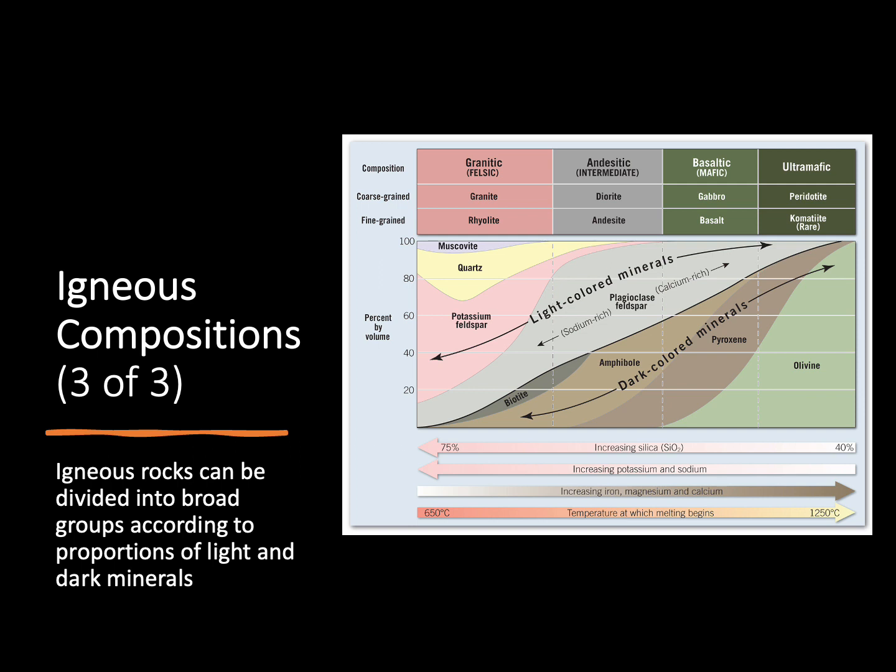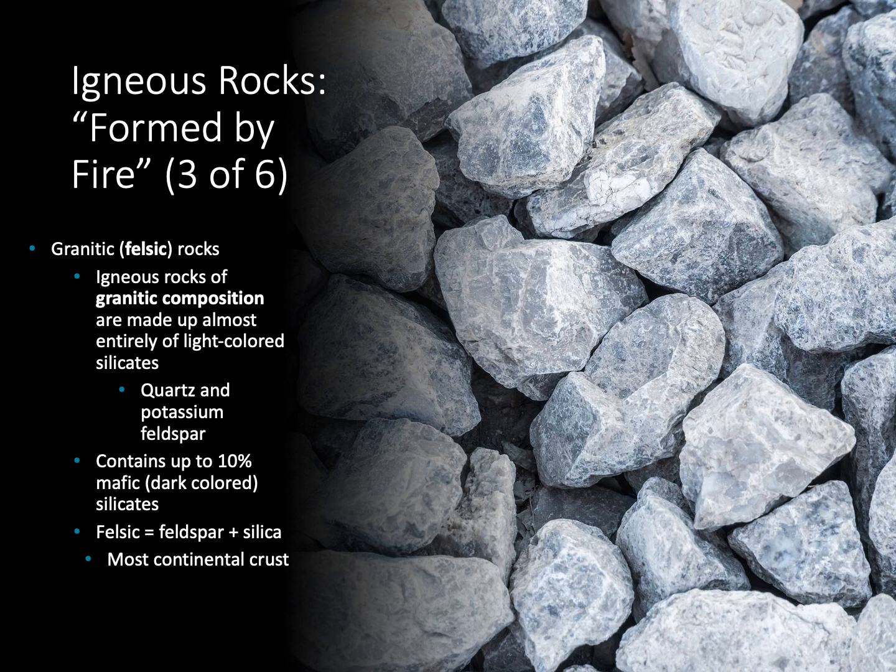So our 4 chemical compositions of our igneous rocks are light and felsic, intermediate, where it's both light and dark, our dark mafics, and then finally our green ultramafics. So we're going to go over all 4 of those in just a little bit more detail.